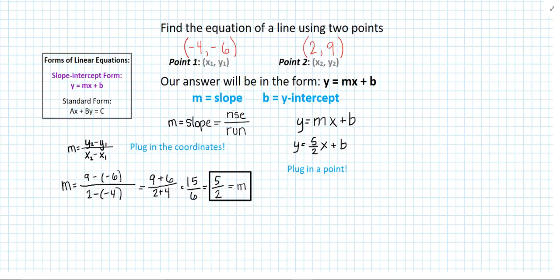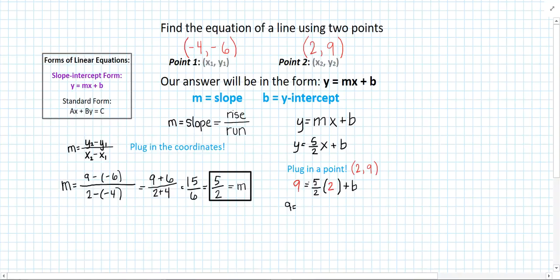So let's plug in the point 2, 9, which is one of the original points that we were given in the problem. So here's our equation, and I've plugged in the x and y coordinate of the point that I chose to plug in. And now we're going to simplify.